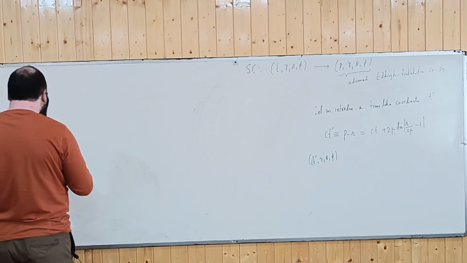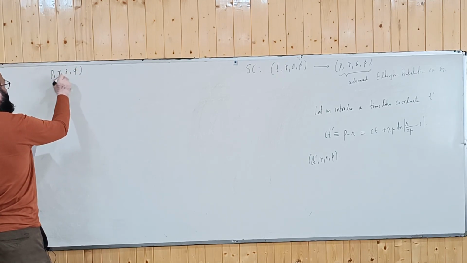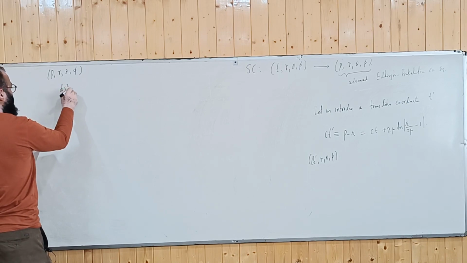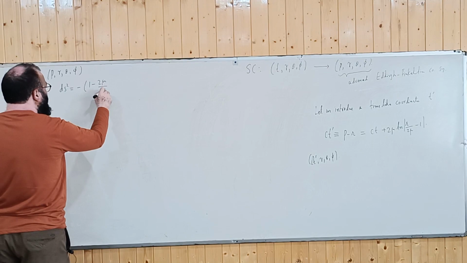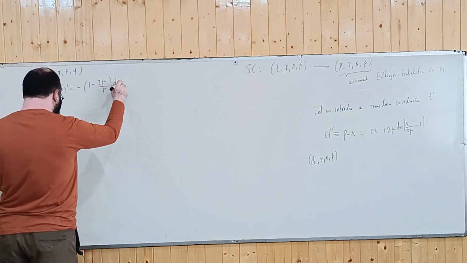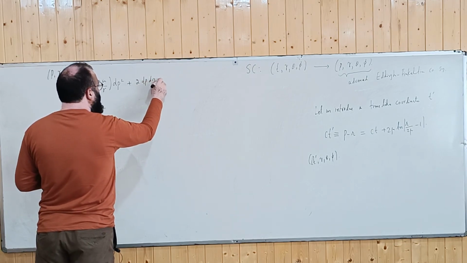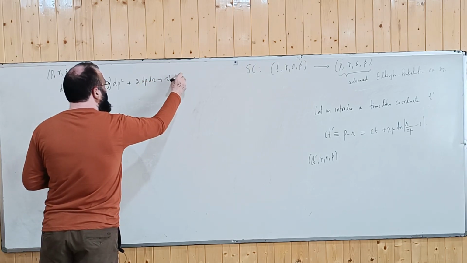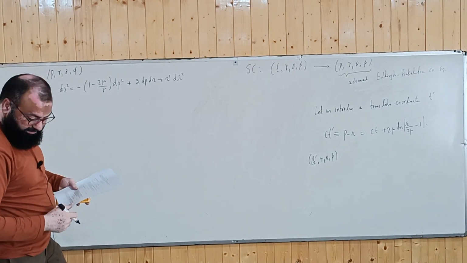In this p, r, theta, phi, our line element was ds square equals minus 1 minus twice mu by r, dp square plus twice dp dr plus r square d omega square. Clear?